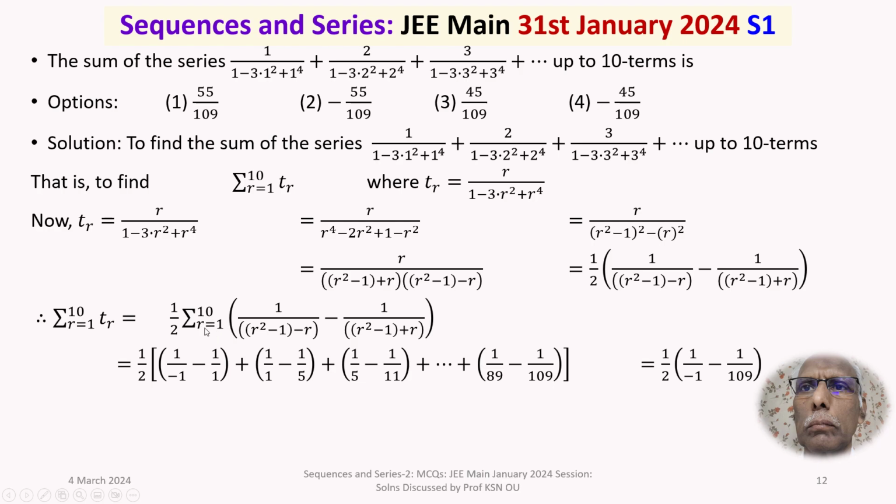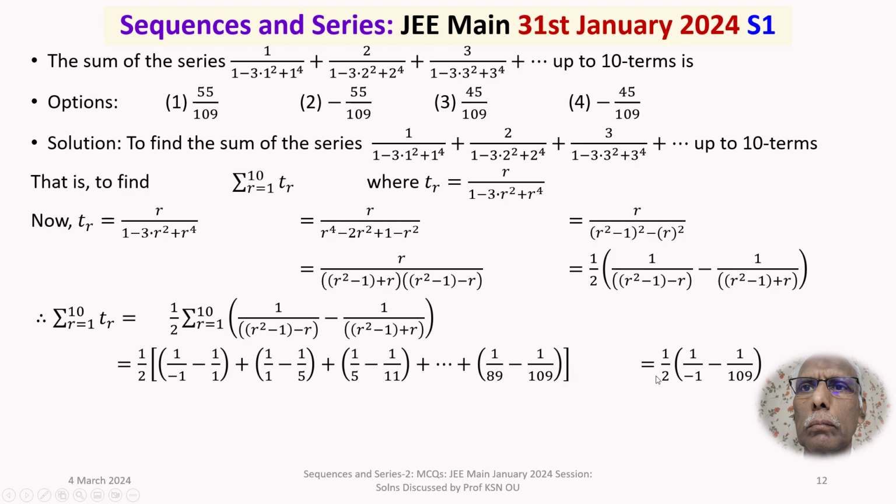The 10th, r equal to 10, will give you 1 by 89 minus 1 by 109. Telescoping means this minus 1 by 1 cancels with plus 1 by 1. Minus 1 by 5 cancels with 1 by 5. Minus 1 by 11 cancels with 1 by 11 in the next term, and so on. Minus 1 by 89 cancels with plus 1 by 89, leaving the first and the last term.